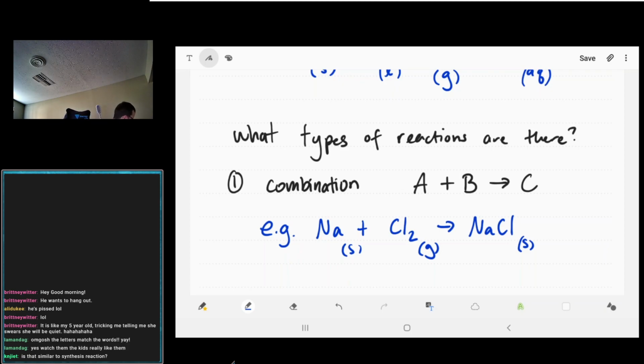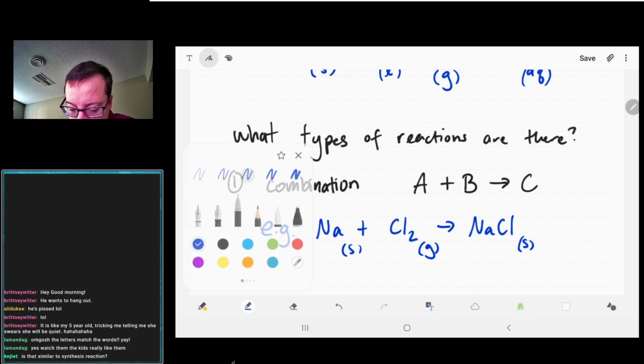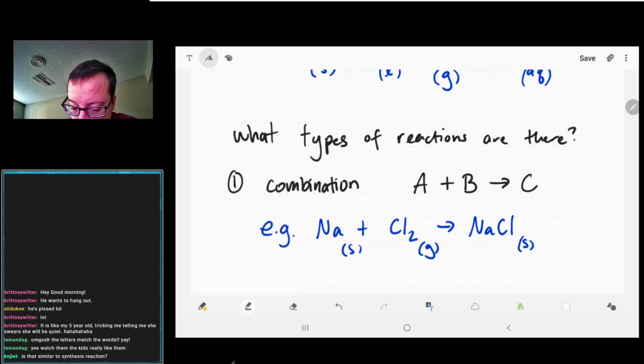Yes, this is also known as synthesis. That is a good point. Those are the same name. So these reactions are the same name. You're just putting 2 things together and making a third one.